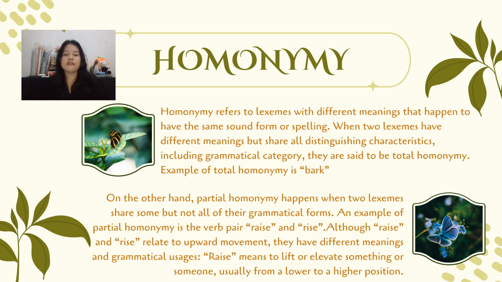Raise means to lift or elevate something or someone, usually from a lower to a higher position. Meanwhile, rise is also to lift or elevate, but without any help, as something natural, like the sun rises from the east.